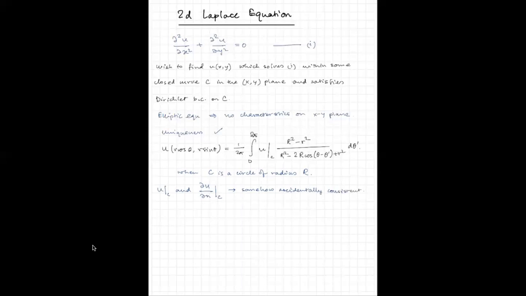By this I mean that the del u del n that is determined from u alone on C, and the del u del n that is supplied with the Cauchy data, were accidentally equal. It's obvious that if you have an infinitesimal change in either of these two things, del u del n at C or u at C, this is going to lead to an overdetermined problem.